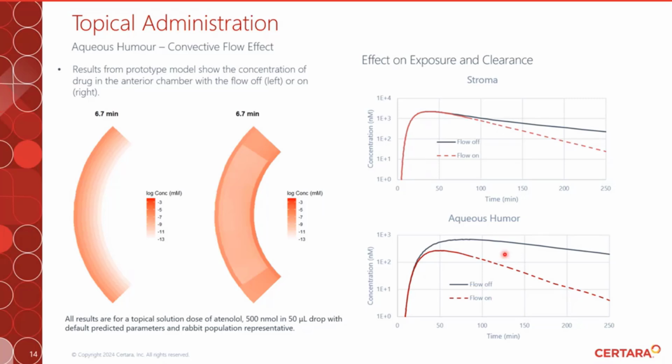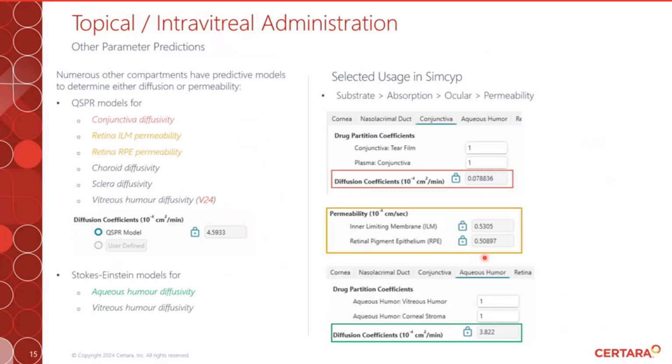You can see down here in the humor, especially, that it's an order of magnitude difference, really, in the exposure between having the flow on and the flow off. So it's able to clear it much, much better with that convective flow. That's something that we've added to the model within the aqueous humor.